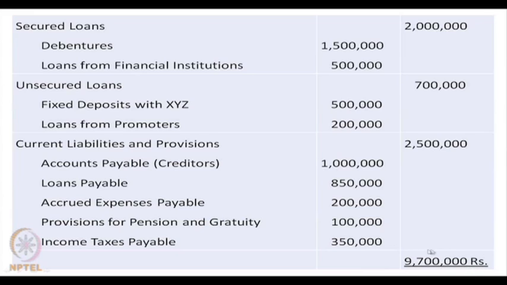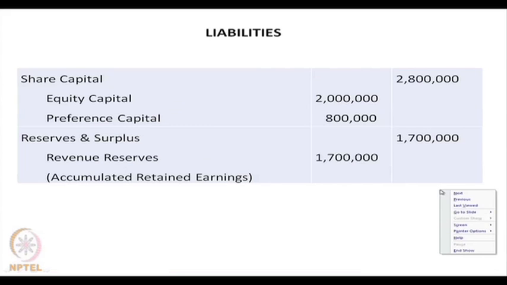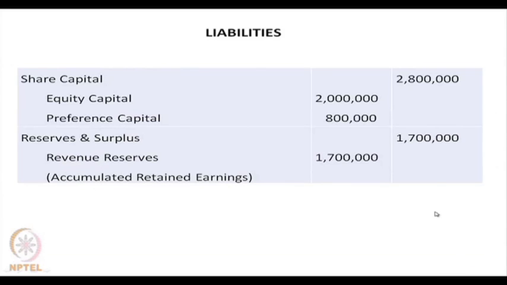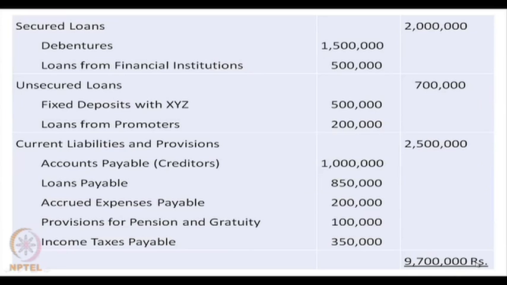This is the total liability including the owner's equity, which is same as the total assets, and this is our accounting balance equation. 9,700,000 total assets. We know therefore what are the dues of the company, to whom, to how much extent the company owes, and where the money is presently invested.